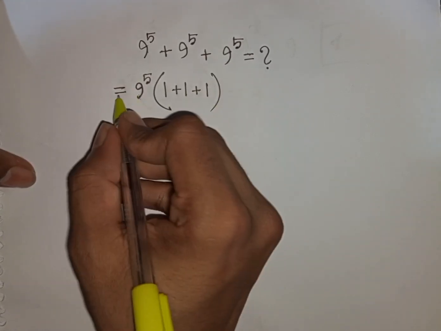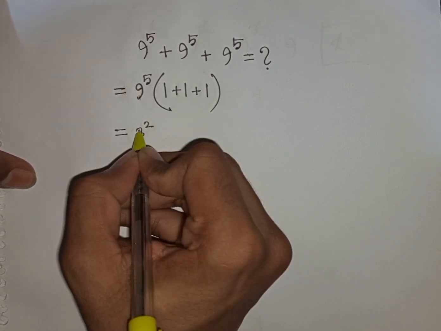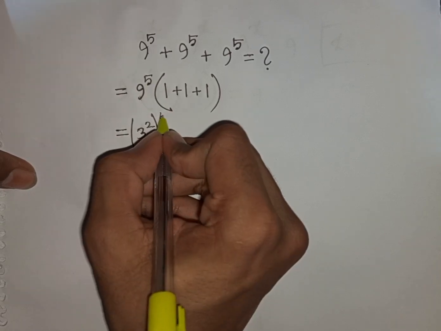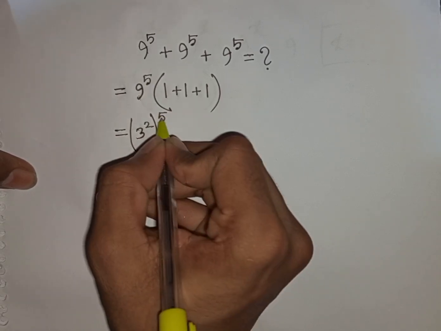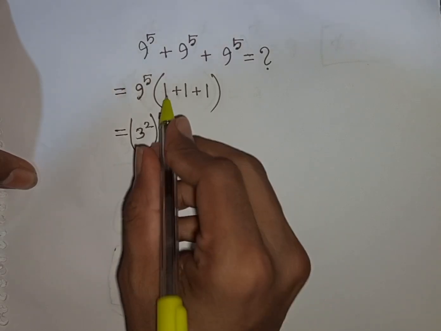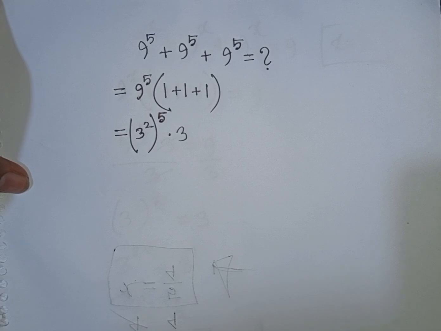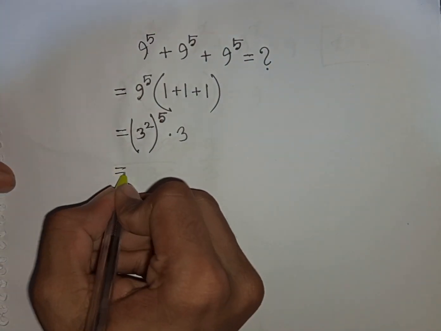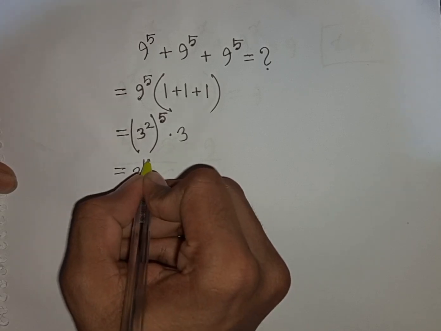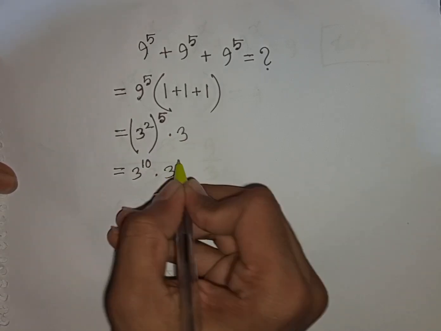Then bracket close. 9 is the same as 3^2, then bracket power of 5, times 1 plus 1 plus 1, that means it will be 3. Then is equal to 3 power of 2 times 5, that means it will be 10, then times this 3, which is the same as 3^1.